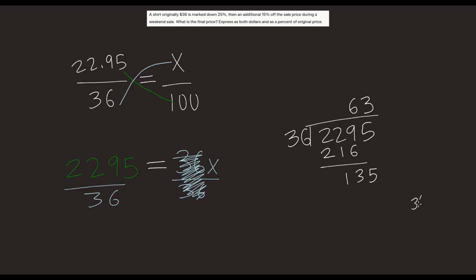So let's multiply that out. 36 times 3. 18, 10, 108, 108. We subtract again, borrow the 1, 15 minus 8 is 7, 2.